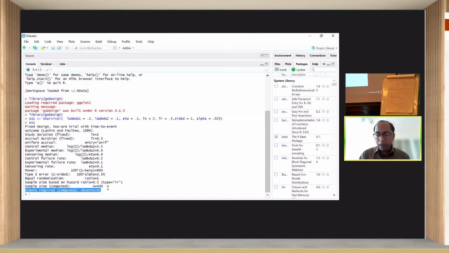You can say, look, my sample size was calculated with 430 individuals, with 2 years study duration and half a year accrual period, as well as 91 events.